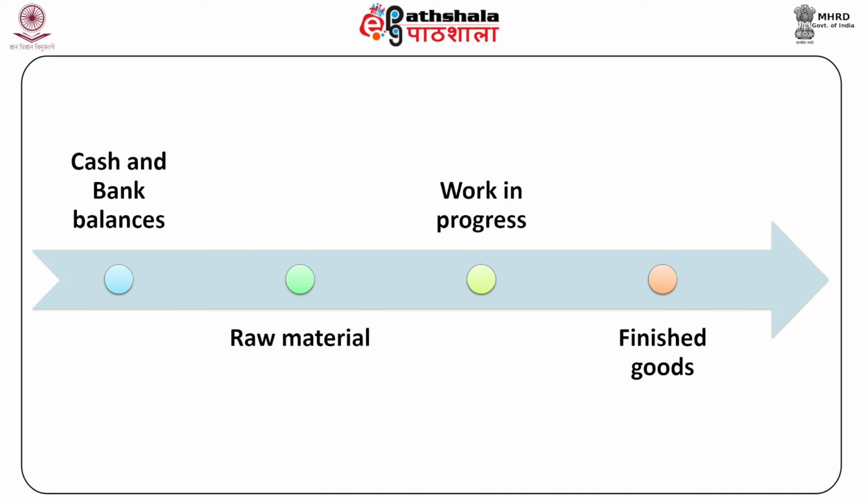Number 2, raw material. Every manufacturing organization must keep adequate levels of raw material to meet the production process. How many units of different raw materials should be kept, which are to be used in production, depends upon the level of consumption, time required to procure the raw material, and price of raw material, etc. A balance should be struck, as neither excessive nor too little raw material will be for the benefit of the firm.